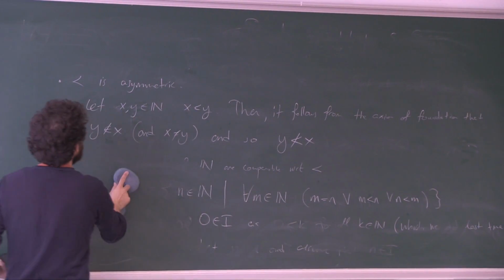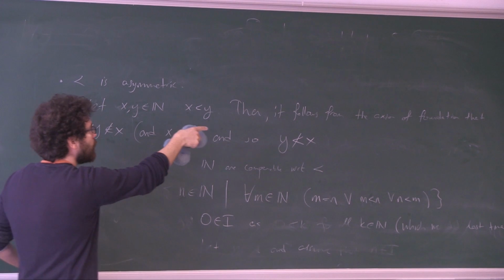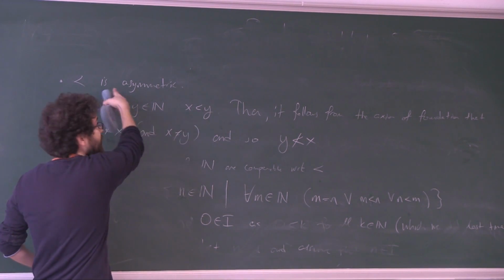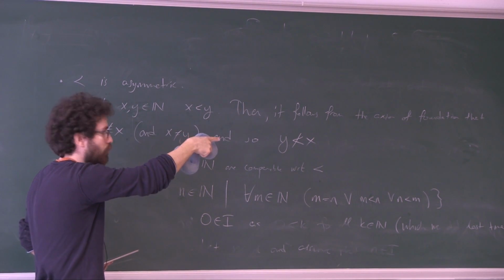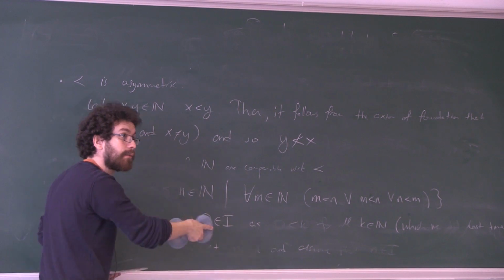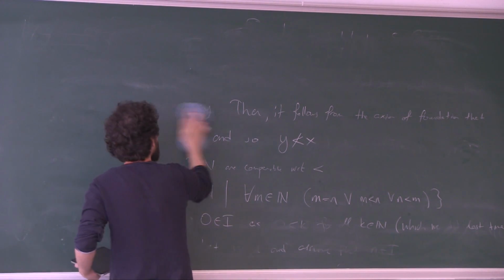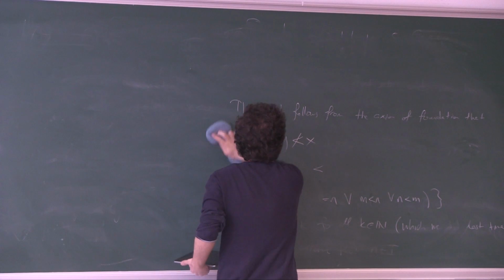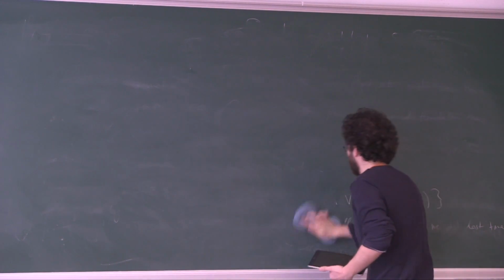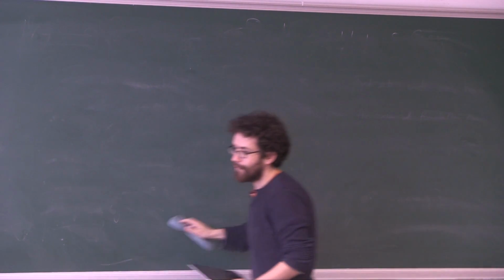Now, we already proved that this was a strict partial order. Now we have that it's a strict linear order. Now let's prove that it's a strict well order. In the notes, I left this part as an exercise.